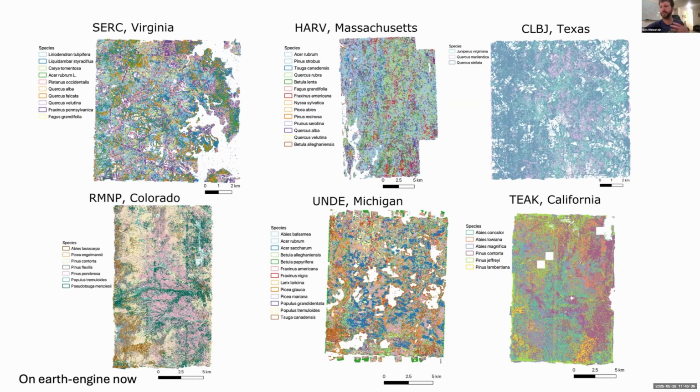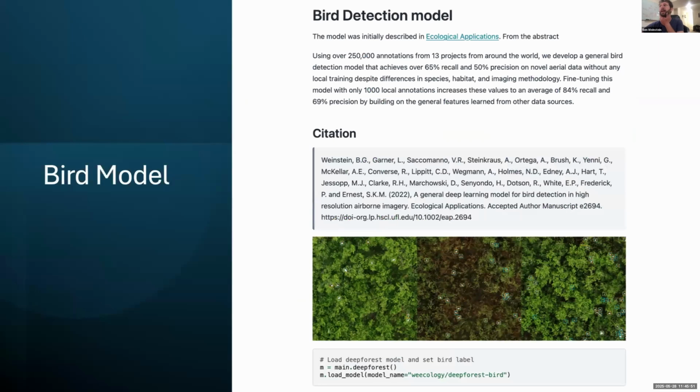But Deep Forest kept kind of coming up as a thing that needed to be worked on. And so we developed some expertise in computer vision for airborne object detection. And we kept looking around for what are the other pieces that people need. And so I think in 2022, we spent some time building a bird detection model. So this was for airborne object detection of just a single class, bird.